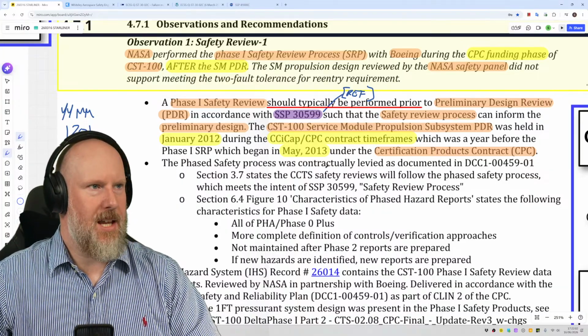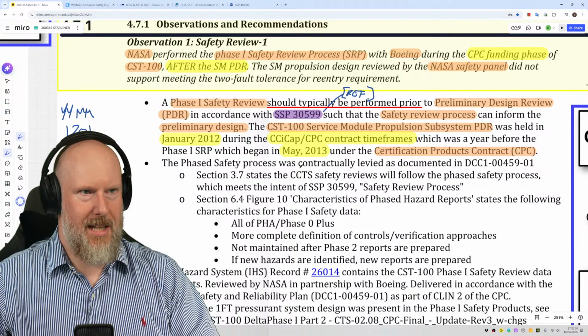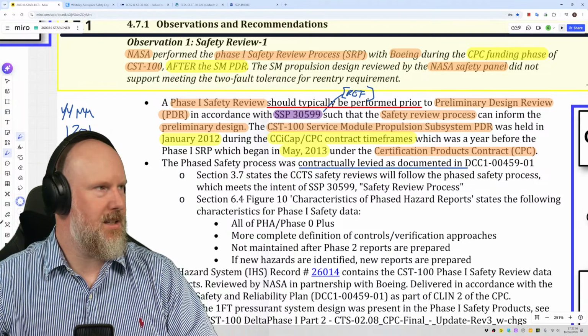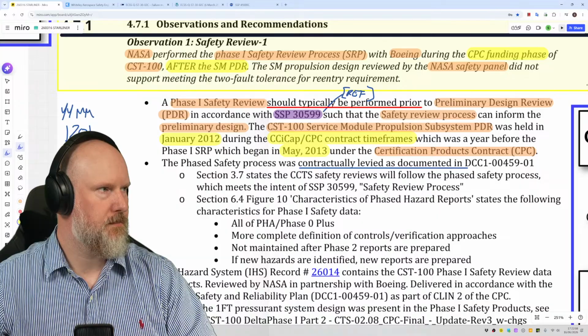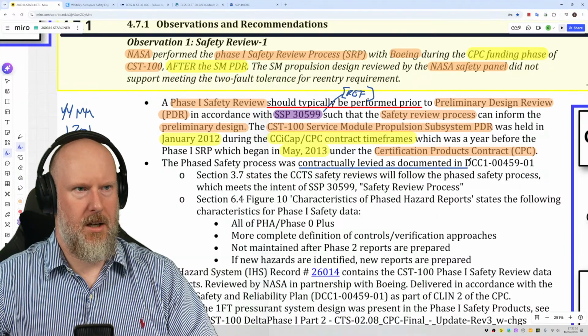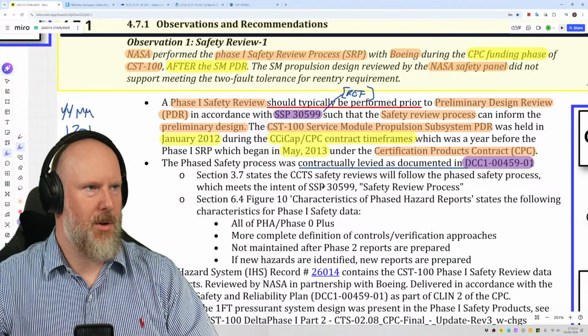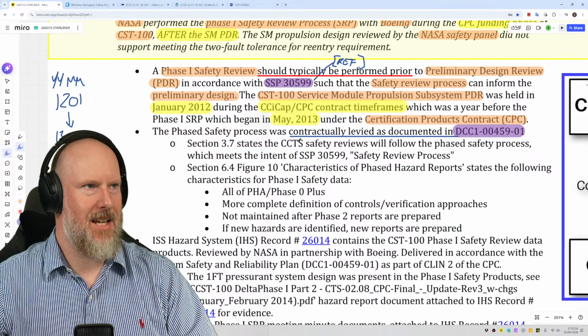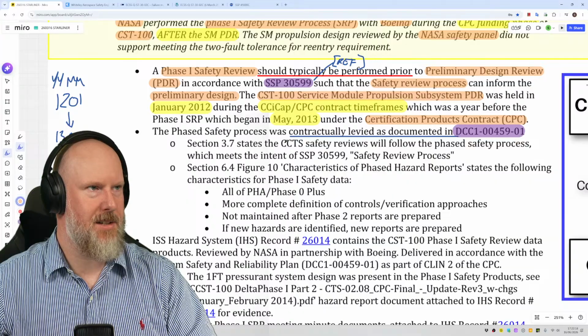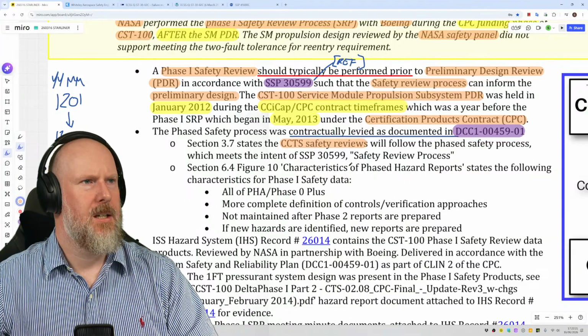So the phased safety process was contractually levied as documented in DCC 1 00045901. Section 3.1 states the CCTS safety reviews. What is CCTS, everybody? Don't know.